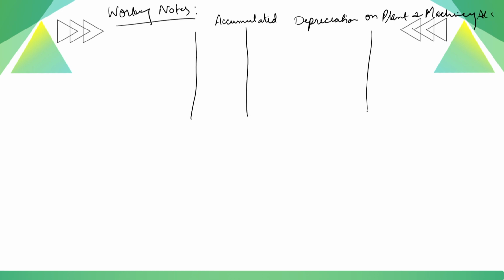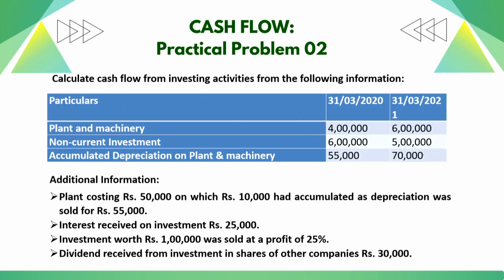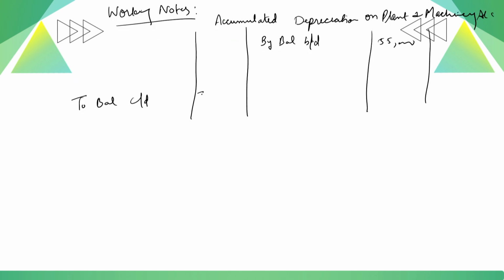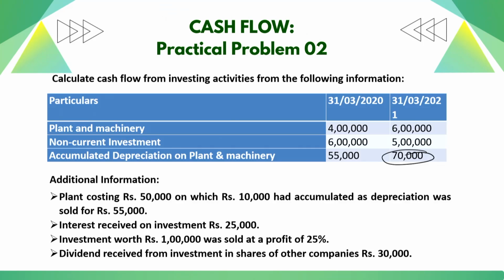We have an opening figure of 55,000. So we will write by balance brought down 55,000, and we have the closing balance of 70,000. As per the question also, we have another balance of accumulated depreciation of 10,000 rupees on the plant.